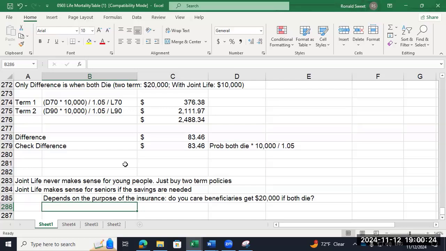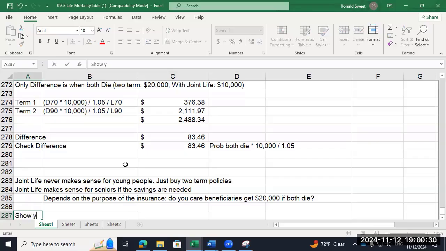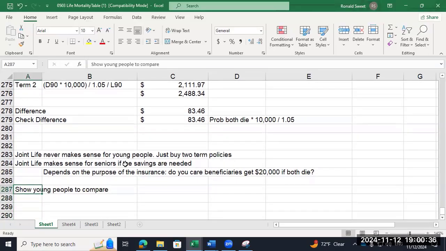On Thursday, I'll show you that sometimes the difference is barely even a penny. It depends on how big the face is, but I'll show you that one next time. That's the joint life, so there's a short paragraph.